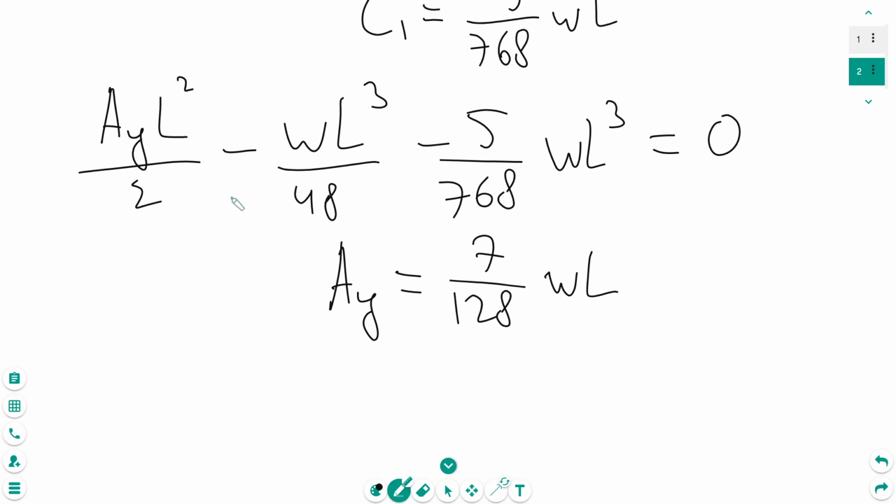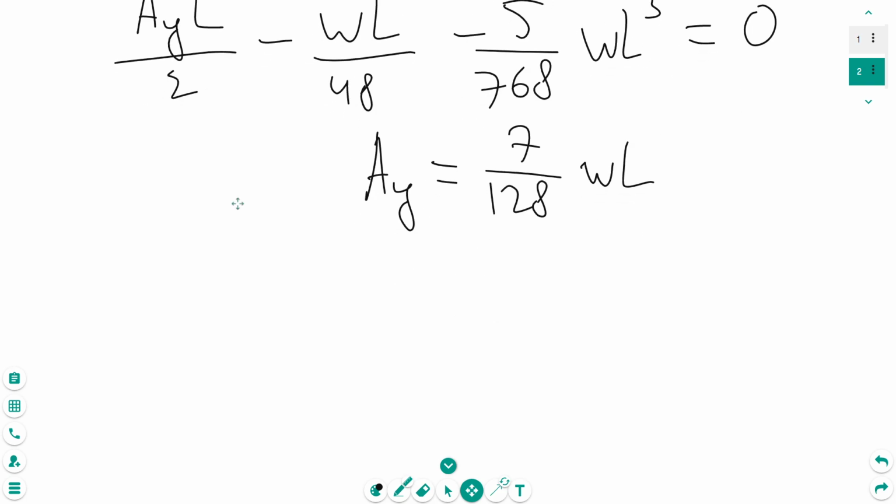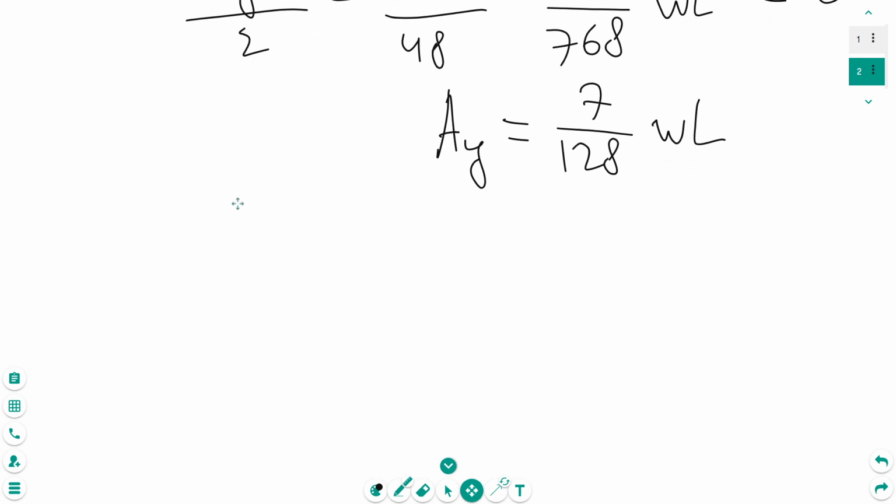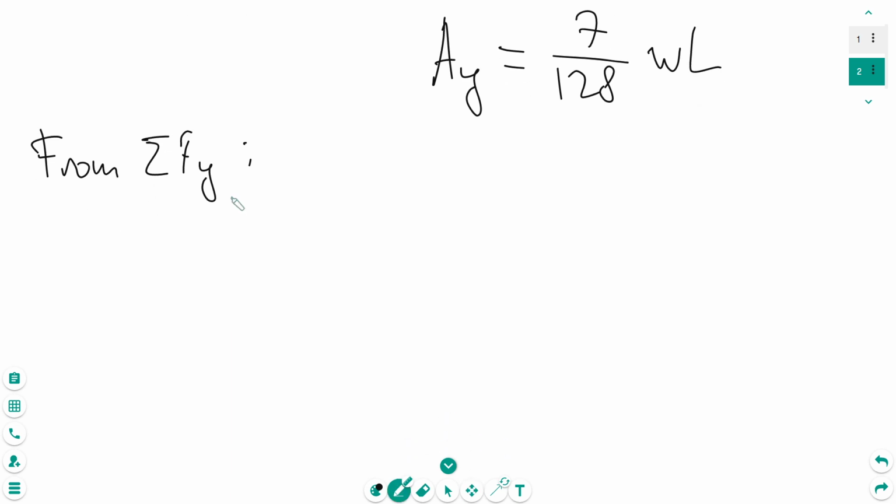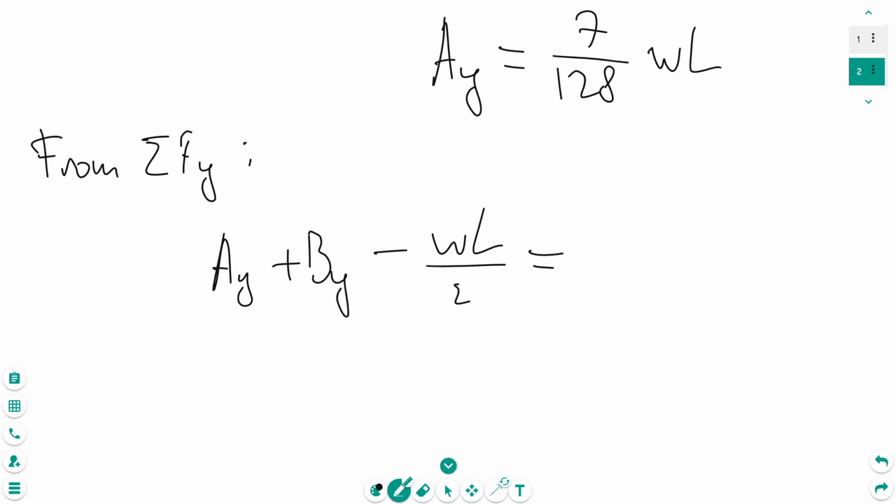So now that we found our ay, our initial force equilibrium equations become a system of two equations and two unknowns. Therefore, I can plug them back in to find the remaining unknowns. From the force equilibrium in the y direction, I obtained the following relation: ay plus by minus wL divided by 2 must be equal to 0.